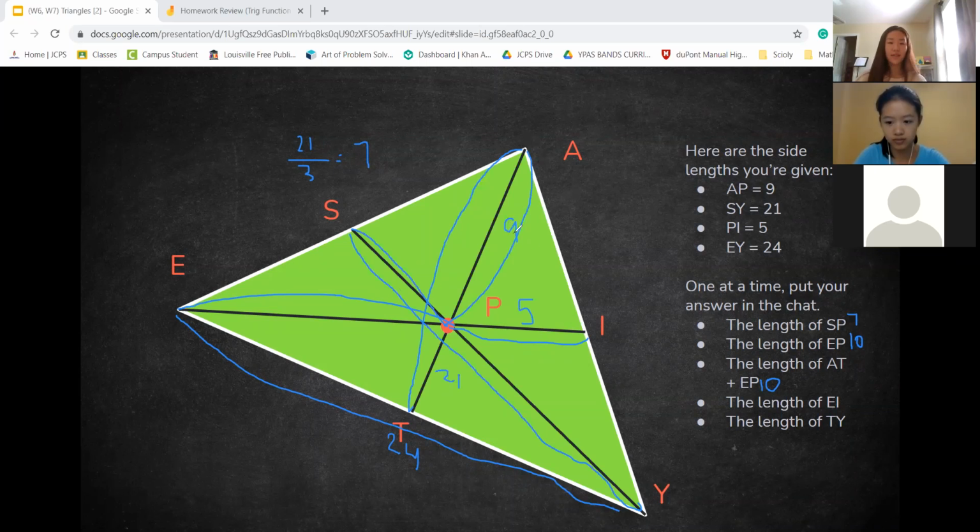So if 9 is 2/3, then 1/3 is 4.5. So this part is 4.5. To find AT, I just add both of these and I get 13.5. But I can't forget about my EPs. If I add everything, I get 23.5.